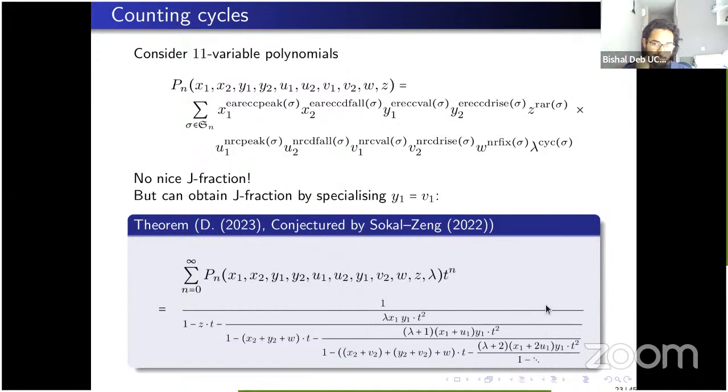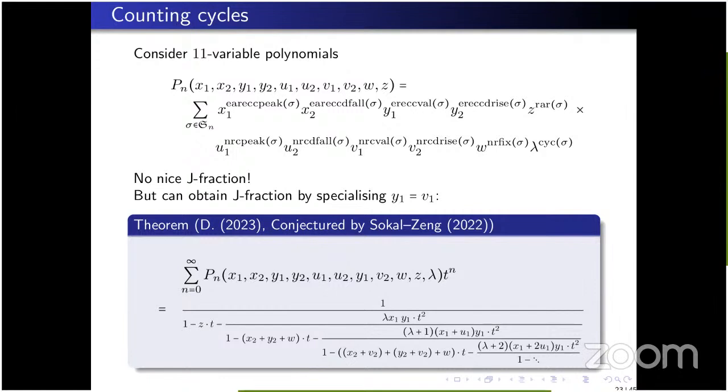I might give some references, but I certainly won't go into the description of the proof, because that would be talking about a lot more things. Okay, carry on then. All right.